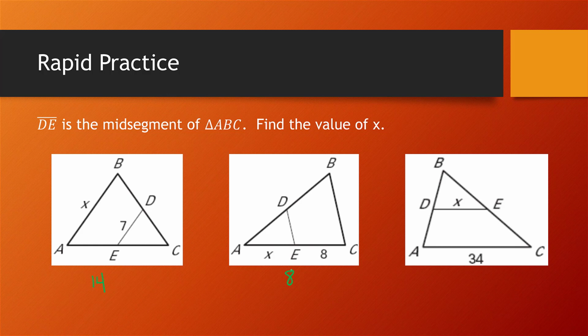My final example, over here on the right: AC is 34, find DE. Remember, AC is twice the length of DE, or you could flip that and say DE is half of AC. So 34 divided by 2 is 17.